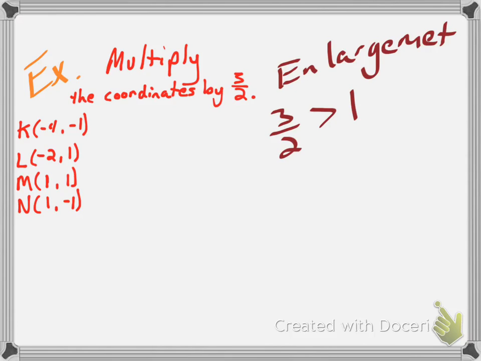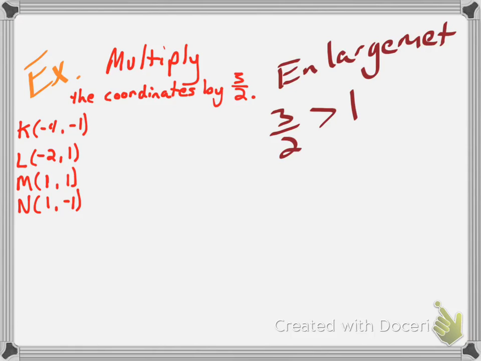Alright, so let's check this out. Not only can we do the sides of an object, but we can also do the points. The individual points themselves, especially if they're on a coordinate grid. So here we go. Let me change colors here.